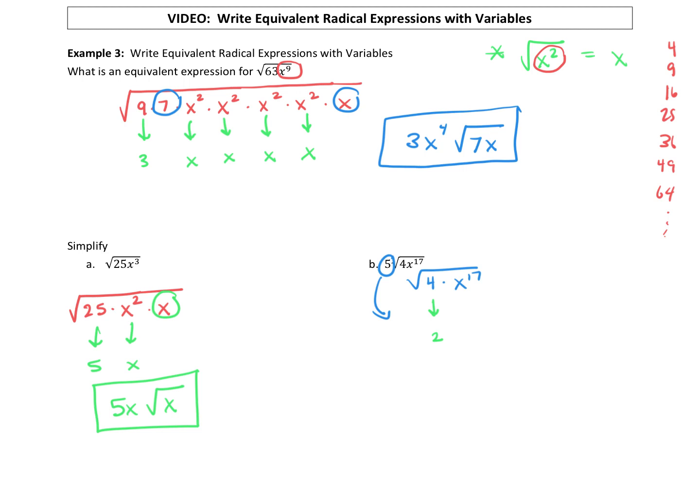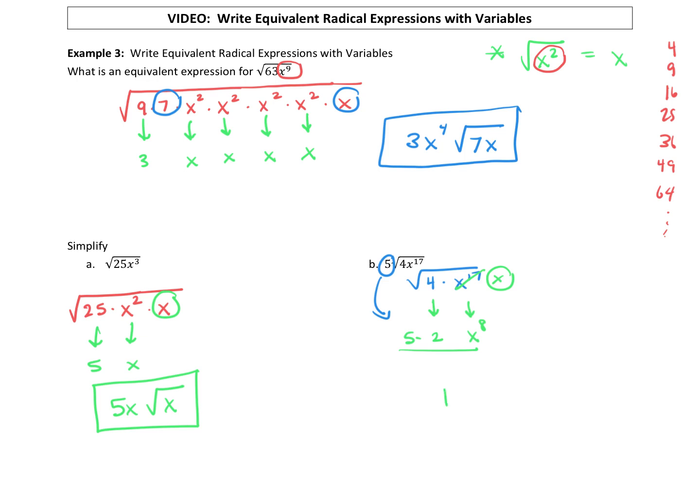So how many x squareds can we fit into x to the 17th power? Hopefully you're saying there's 8 of them. Every time we square root one, we get an x. We would have 8 of these x's that we could square root, so that's going to be an x to the 8th power after square rooting. I'm going to cross this off and say that we are going to have an x left over underneath our square root. This 5 that caught my eye comes down. So all of these things are going to be in front of your square root.